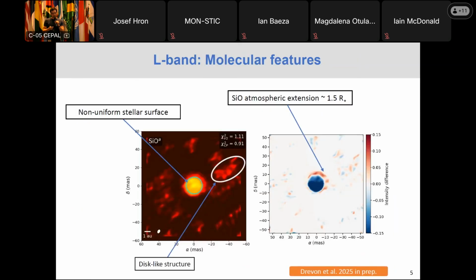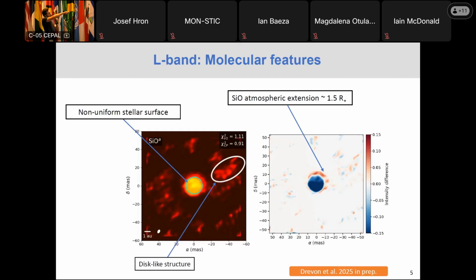So now let's talk about the different features we are seeing, both for the molecules and for the dust. In L band, what we are seeing is clearly a non-uniform stellar surface, either due to some convection or a change of opacity in our line of sight.